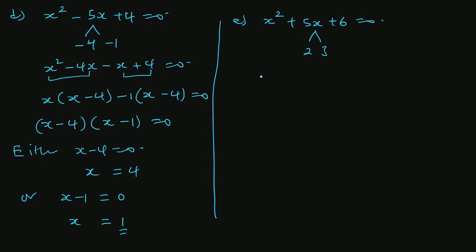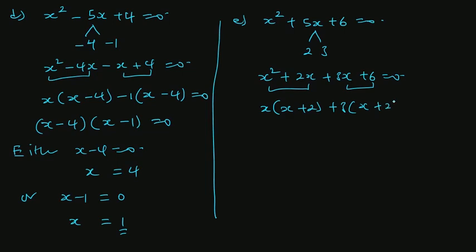So we expand. This is x squared plus 2x plus 3x plus 6 equals 0. We can group. When you factor out here, x is common here and here. What remains here is x plus 2. What is common here is a 3. When I take it out, I remain with x plus 2 equals 0. So you see that these brackets are the same.